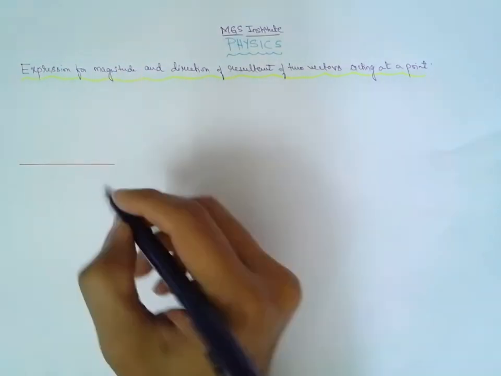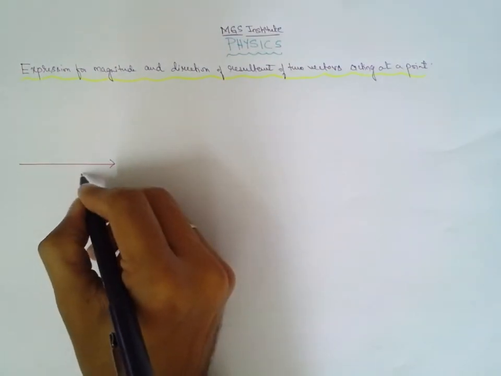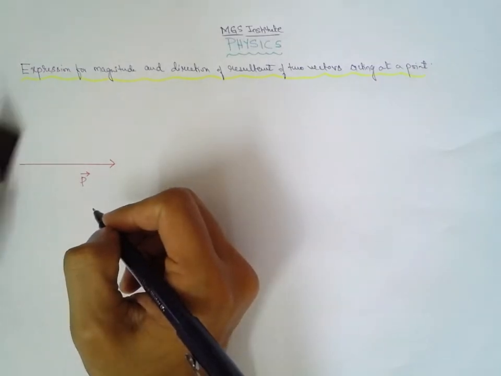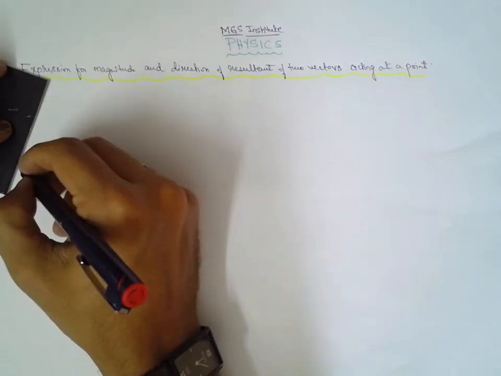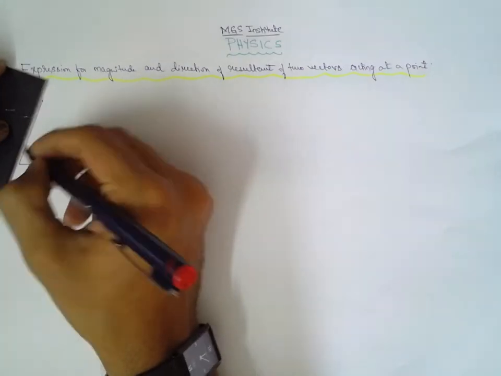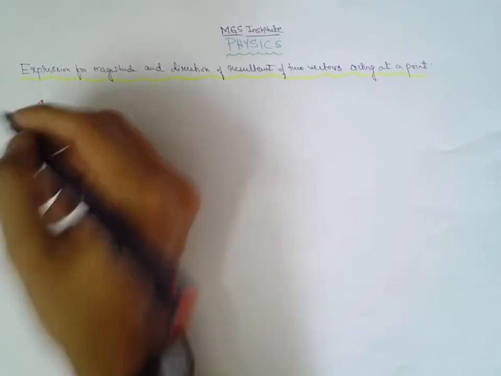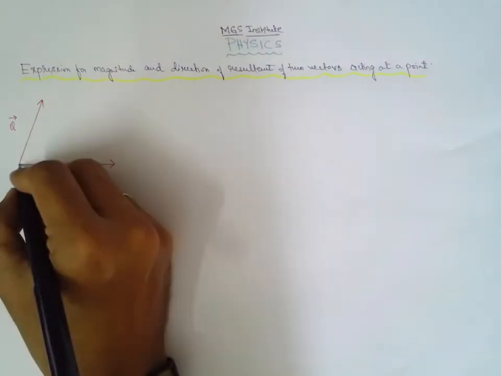Let this line be the first vector, and let me call it vector P. And let one more vector, an arbitrary vector, be somewhere here, which I will take as vector Q. These are the two vectors which are starting from the same initial point.